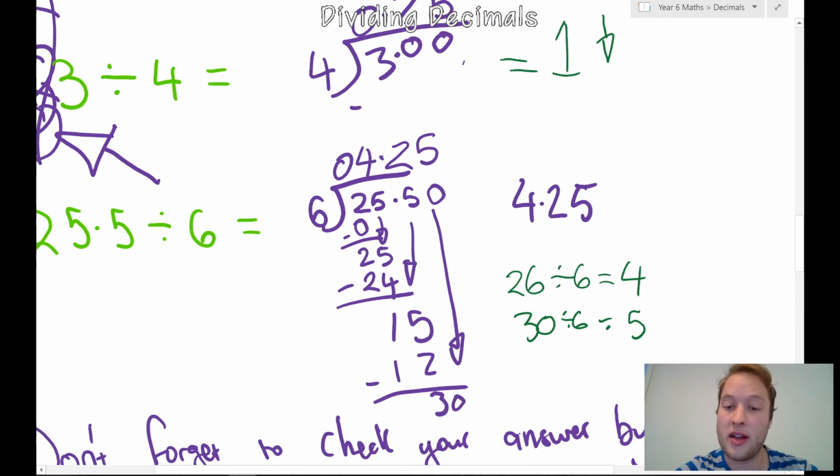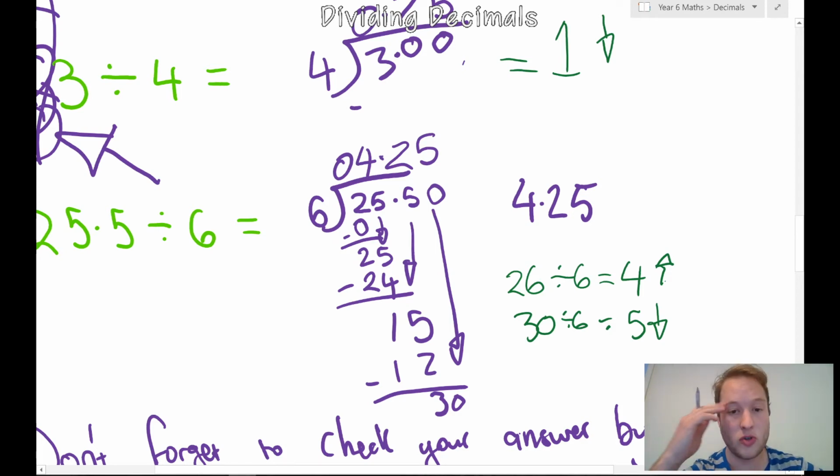I don't actually know exactly what the answer would be, 4 point something. But I know that 30 will be 5, so it can't be higher than 5. So I'm going to do a little down arrow. The answer will be lower than 5, but higher than 4. That was my quick estimate.